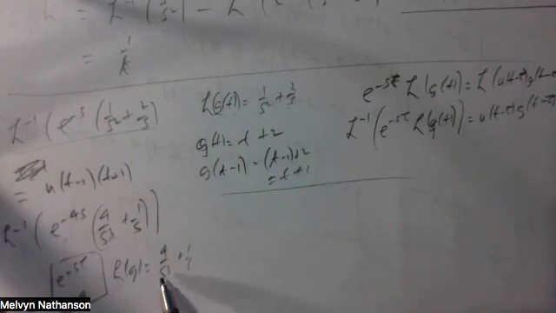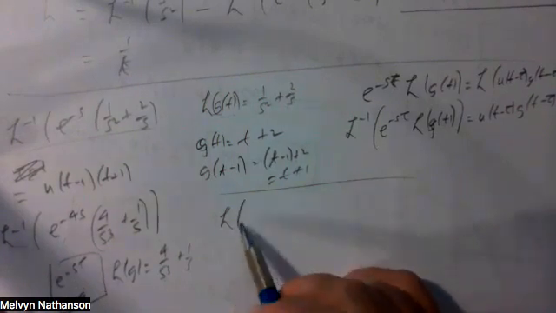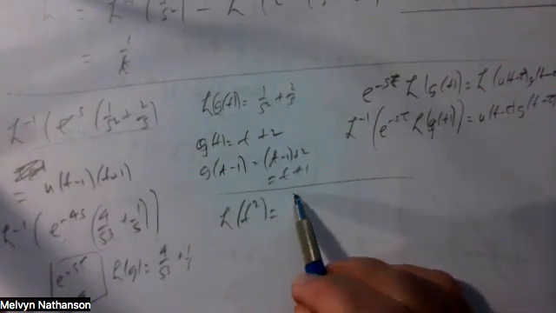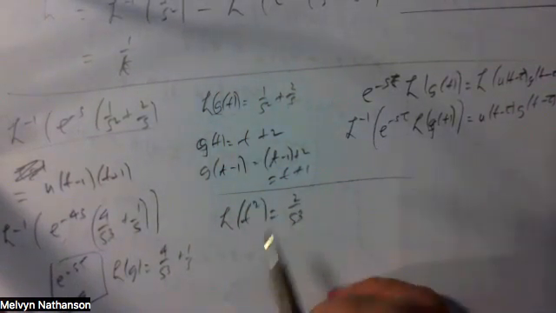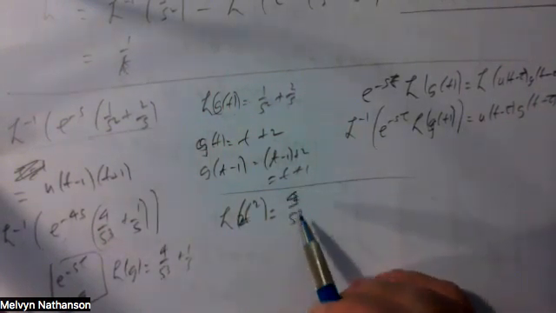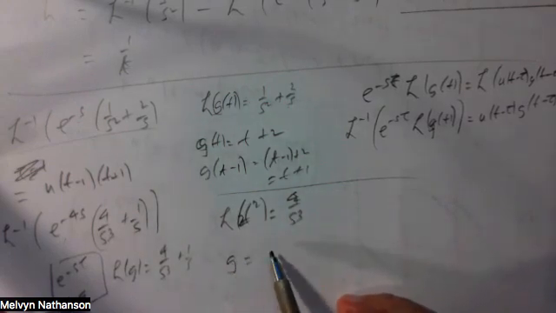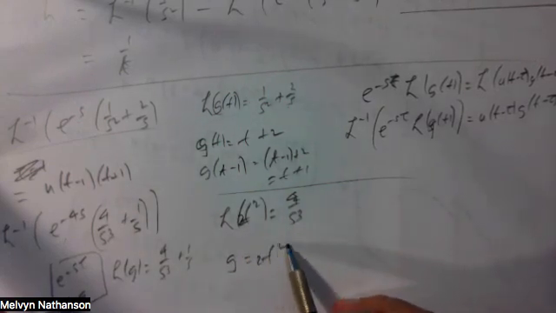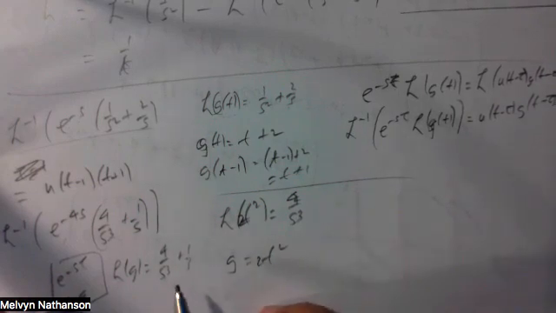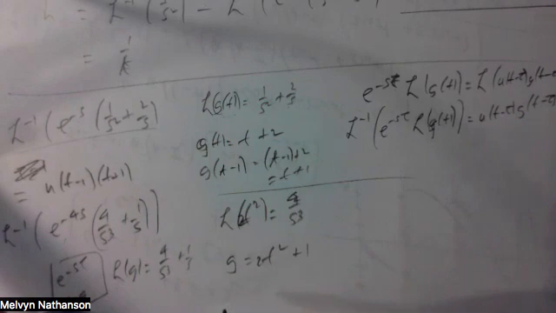But what's the inverse Laplace transform of 1 over s cubed? Well, we know that the Laplace transform of t squared is 2 over s cubed. So the Laplace transform of 2t squared is 4 over s cubed. So g is equal to 2t squared, and the inverse Laplace transform of 1 over s is 1. So g of t is 2t squared plus 1.